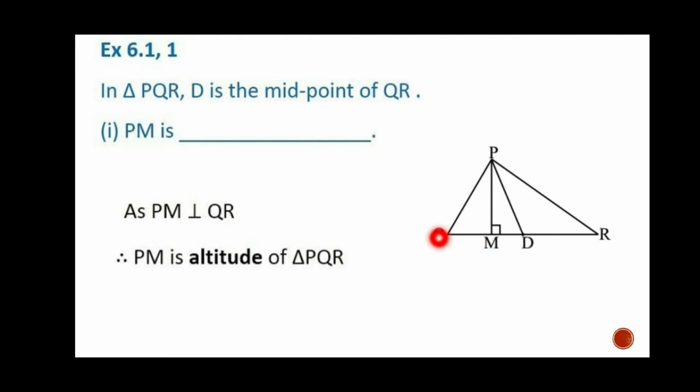As we know, PM is perpendicular to QR. It is given here. Perpendicular means 90 degree. It's showing here. So we can write PM is perpendicular to QR. So if PM is perpendicular to its opposite side, then definitely it is the altitude of triangle PQR.